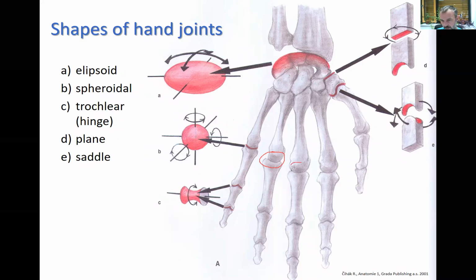Dorsally, it is a ball, but ventrally, from here, it's a trochlea. Yeah, you can look at the bones then, but the shape changes from ball to trochlea. So it allows 3 axes dorsally, but only 1 axis. As you can see, this is also trochlear. Only 1 axis ventrally. What does it mean? Functionally, this joint is ellipsoid.